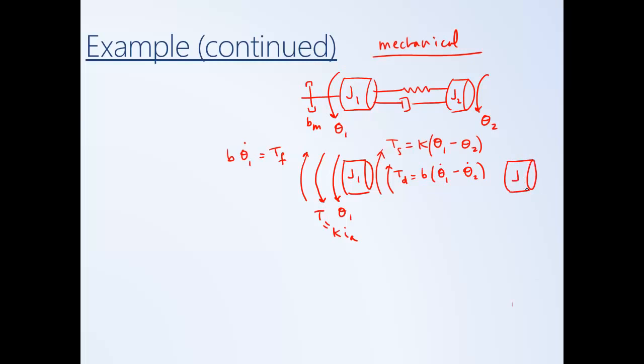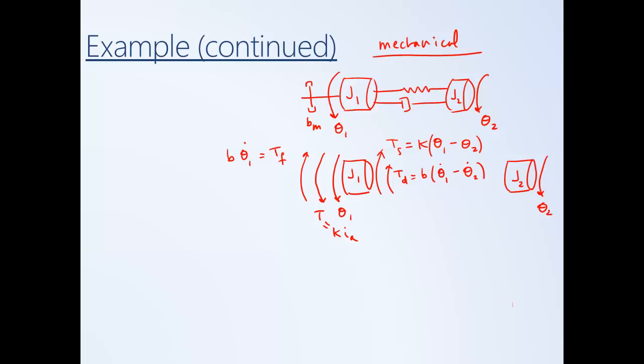We can also draw a free body diagram for J sub 2, where theta 2 is positive in the same direction as theta 1 is positive. And I can do the same sort of process where I could hold J1 still, move J2 in the direction of positive theta 2, imagine the spring twisting and then wanting to spring back.